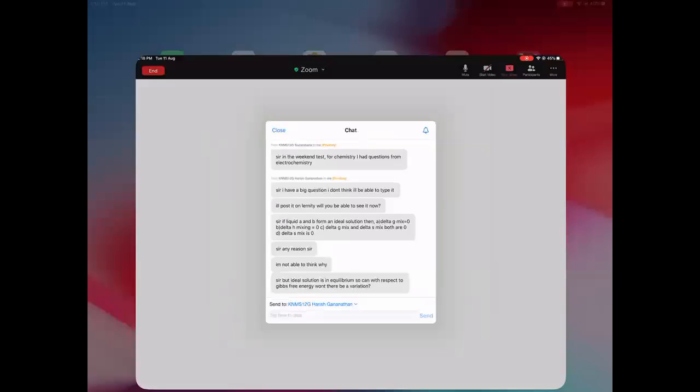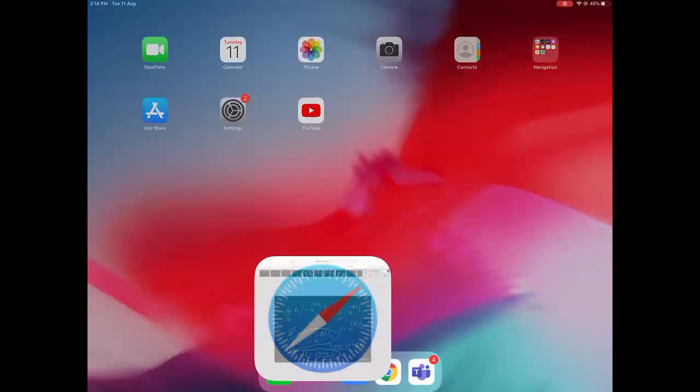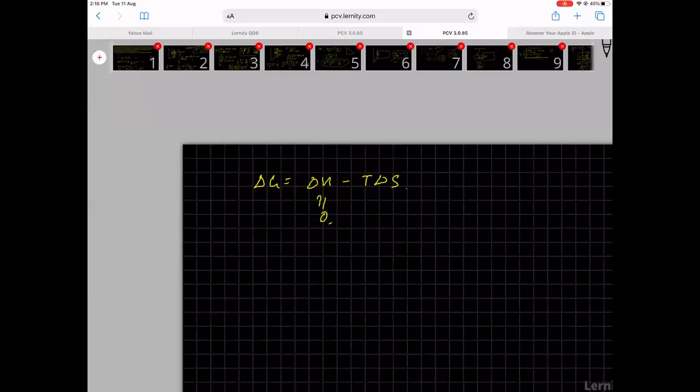Gibbs free energy: delta G is equal to delta H minus T delta S. Delta G is not equal to 0 because delta S is not equal to 0. Whenever you are mixing, delta S will increase, so it will not become equal to 0.